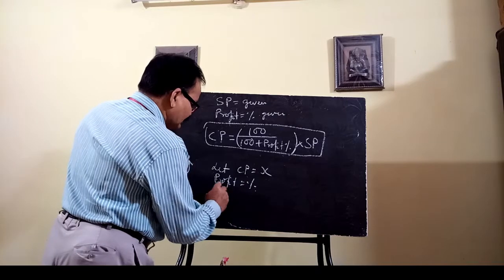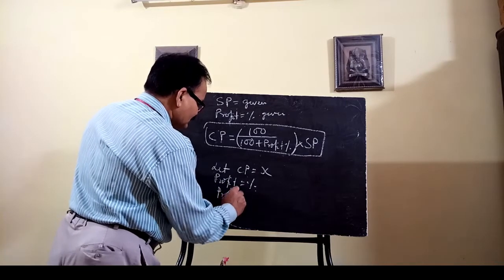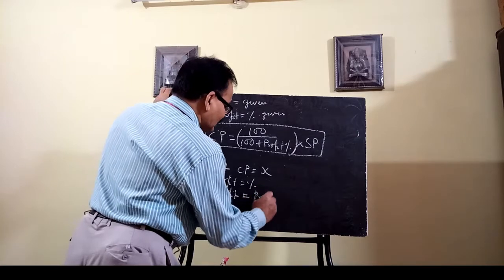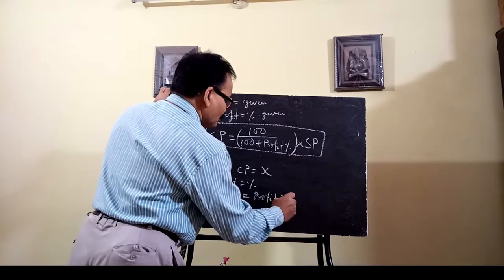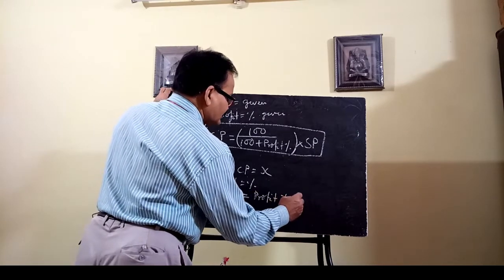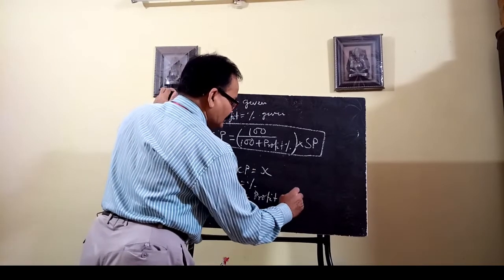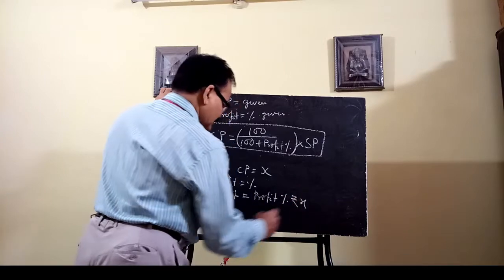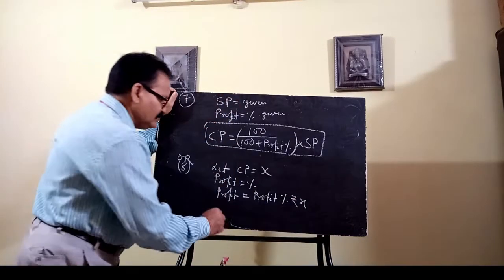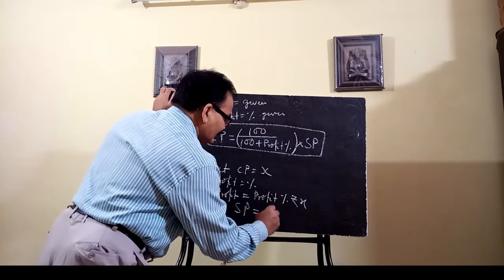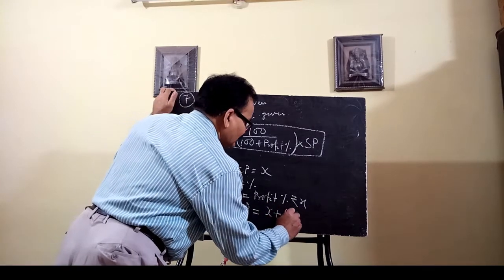So you first find out profit in terms of X, that is profit percent of X. Profit percent of your CP, that is rupees X. Then SP you find out, that is your X plus profit percent of X.